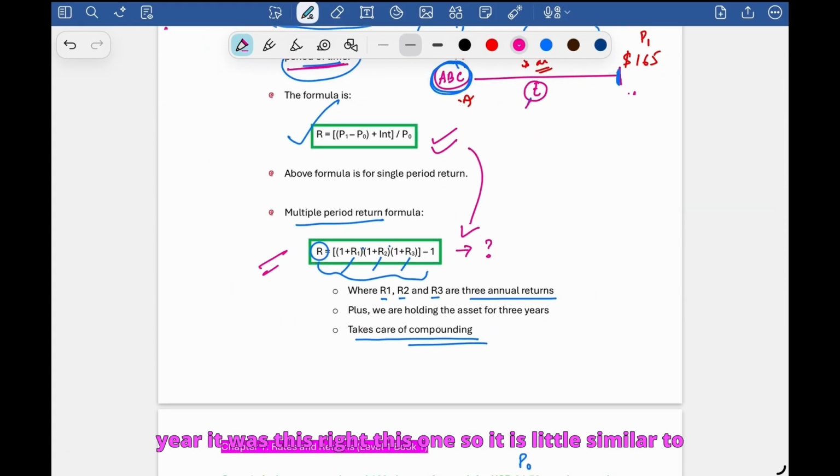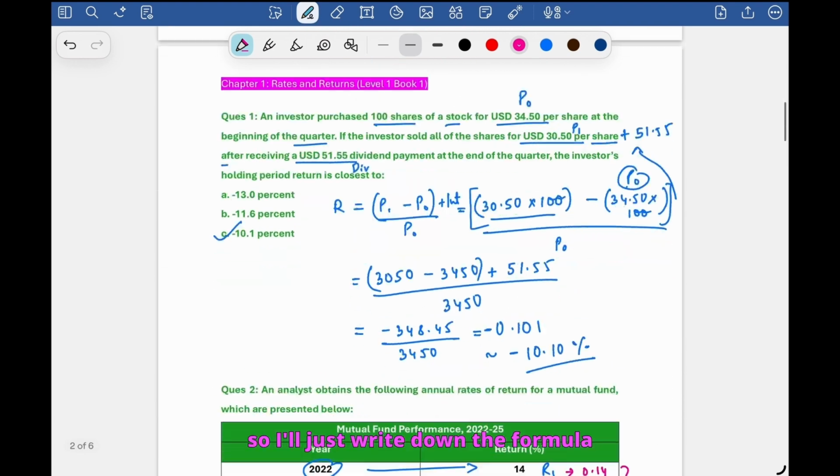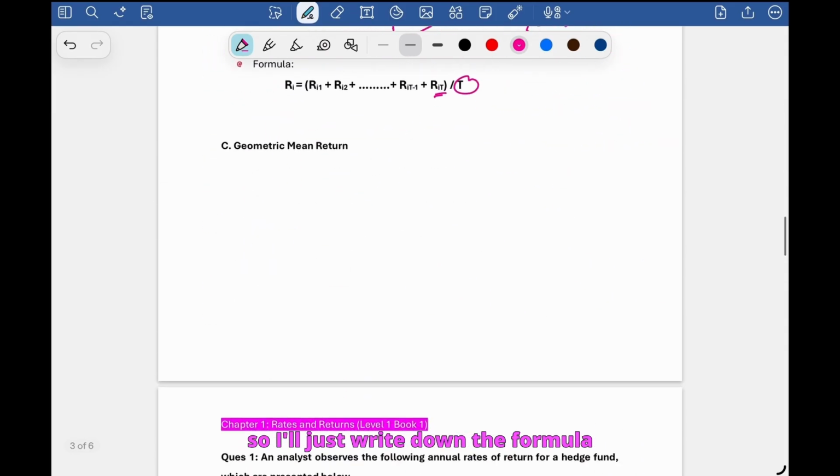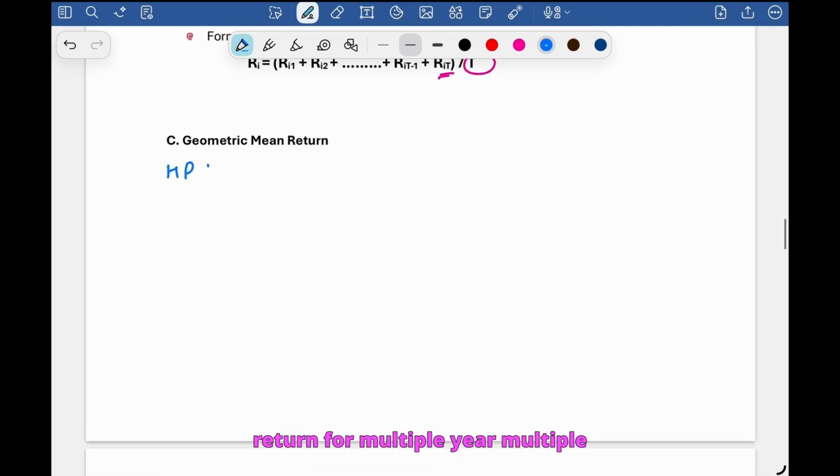This one. So it is a little similar to this one, but a bit different, and I am going to tell you why the difference is also there. So I'll just write down the formula, but before that, let me write the formula for holding period return for multiple years.